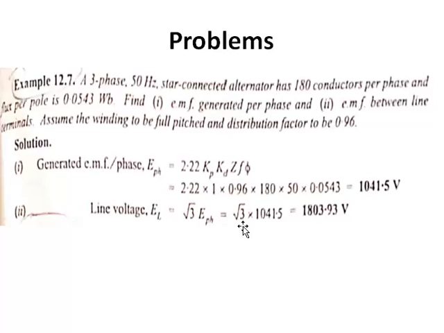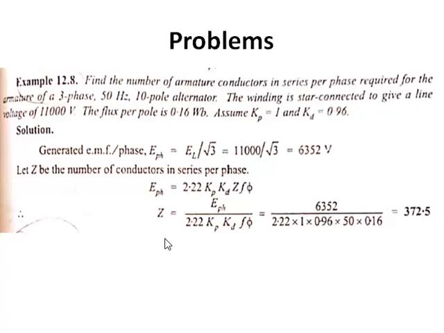We already calculated E phase as 1041.5 volts. So we will get 1803.93 volts. That is the line voltage. That is how we solve this particular problem. We will see the next one.